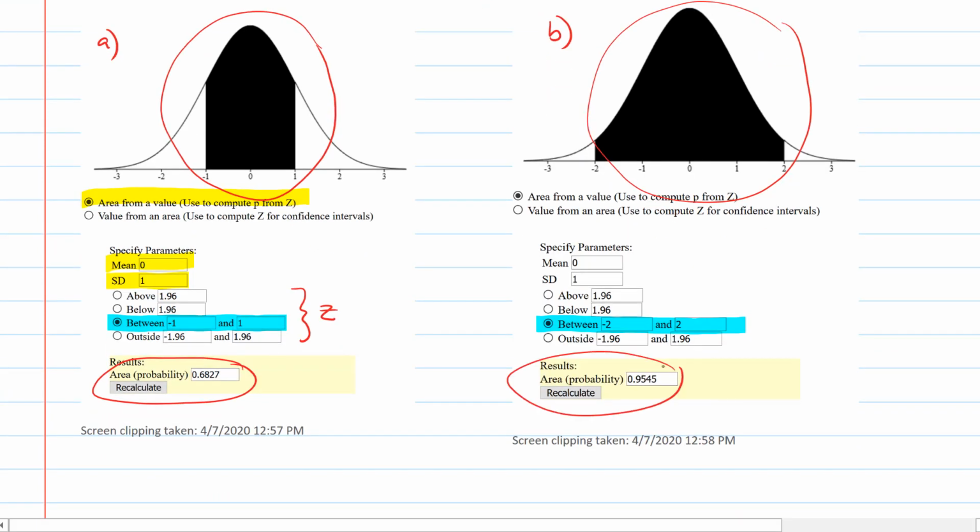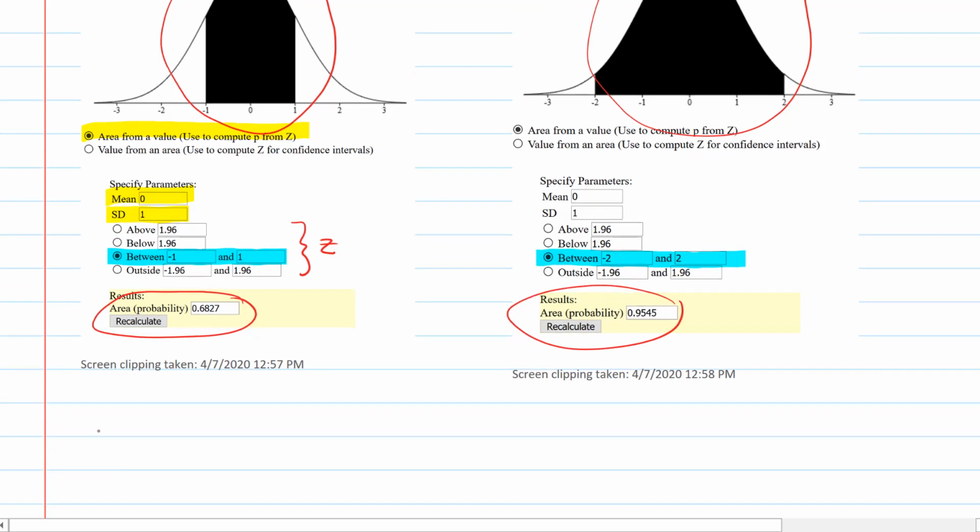And looking at our results, for part A, the probability of -1 less than z less than 1 is equal to 0.6827 or 68%.